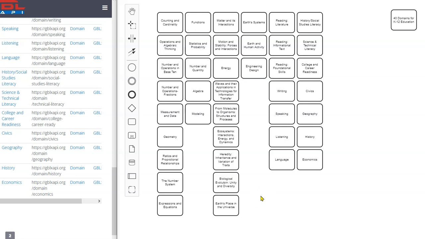But if you're starting from nothing, these are some good high-level 40 domains to categorize and classify all the various subjects for lifetime education as well as K through 12.